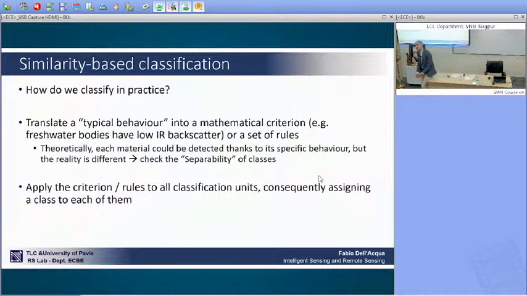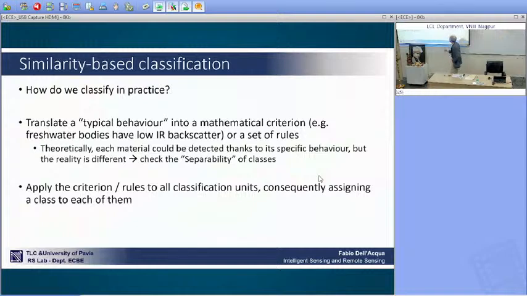Obviously it is difficult to define in general. I would say that a distinctive spectral behavior is when you have a spectral curve which looks like nothing else. It's this key where there are no other keys which look like this.